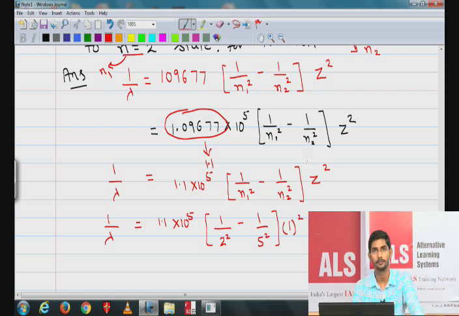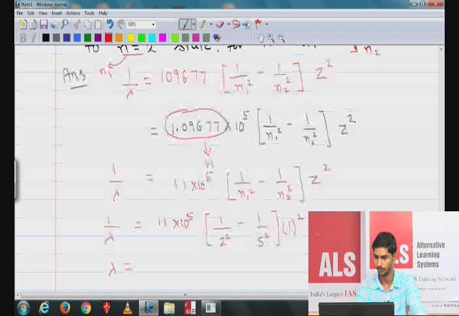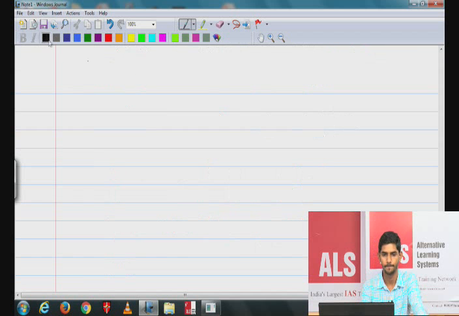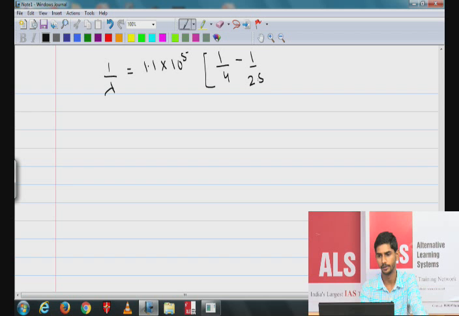So guys, you have to just solve it. See, lambda would be equal to... guys, we have to solve it. Take a look. 1 by lambda would be equal to 1.1 into 10 to the power 5 into (1 upon n1 square, which is 4, minus 1 upon 25).